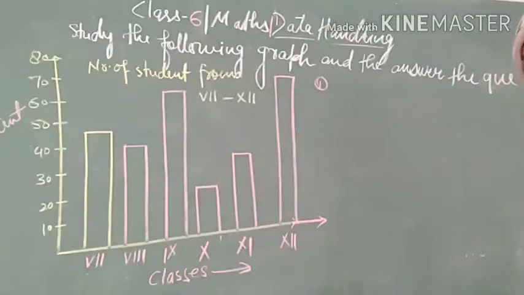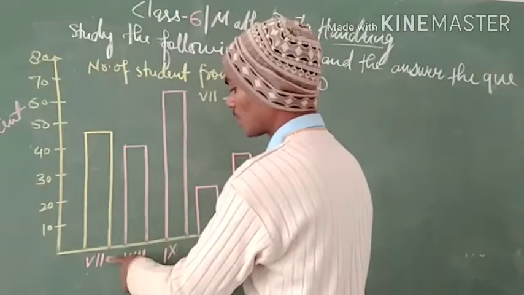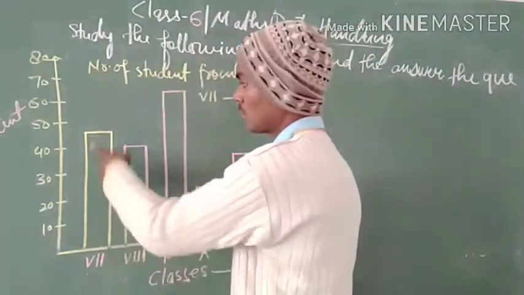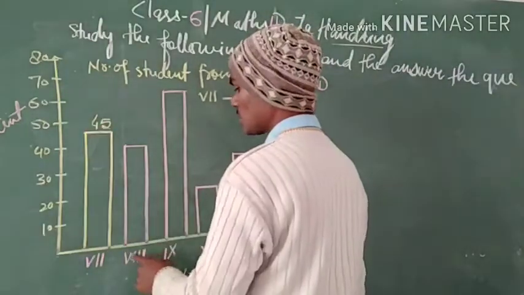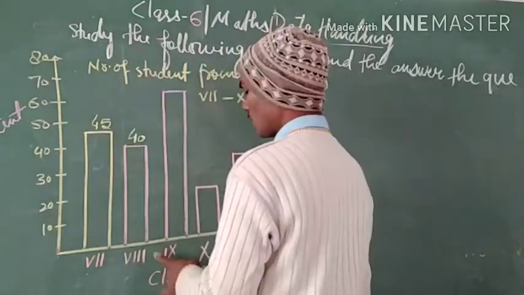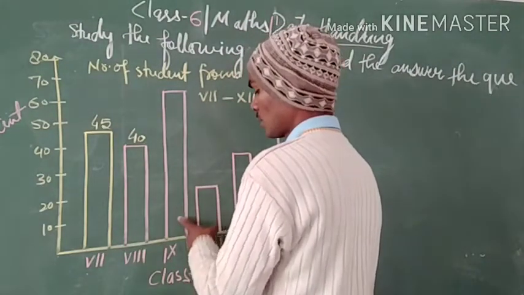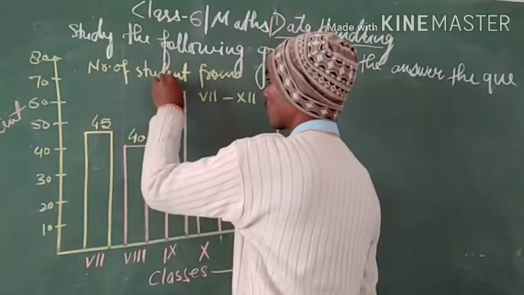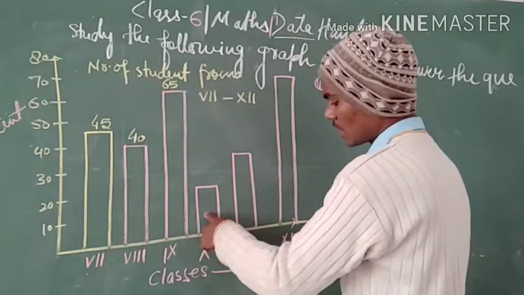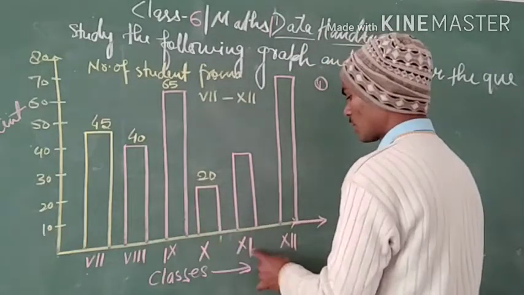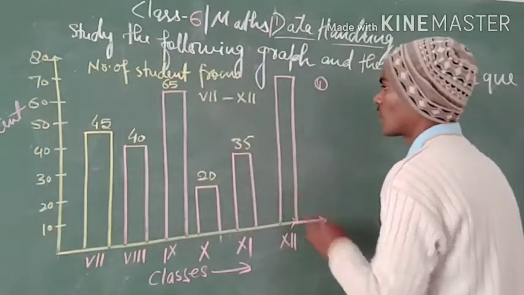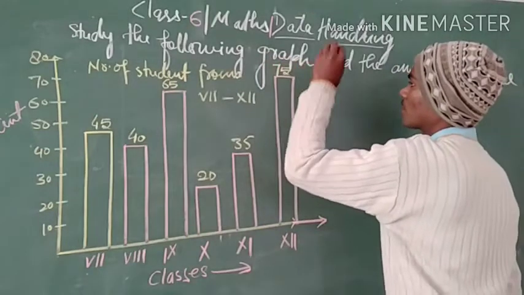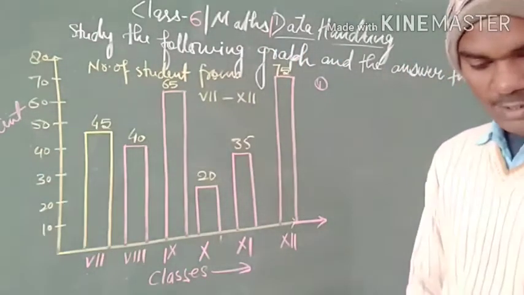In this graph we can see that the number of students in class 7 is 45, in class 8 is 40, in class 9 is 65, in class 10 is 20, in class 11 is 35, and in class 12 is 75. Now let's see the question.